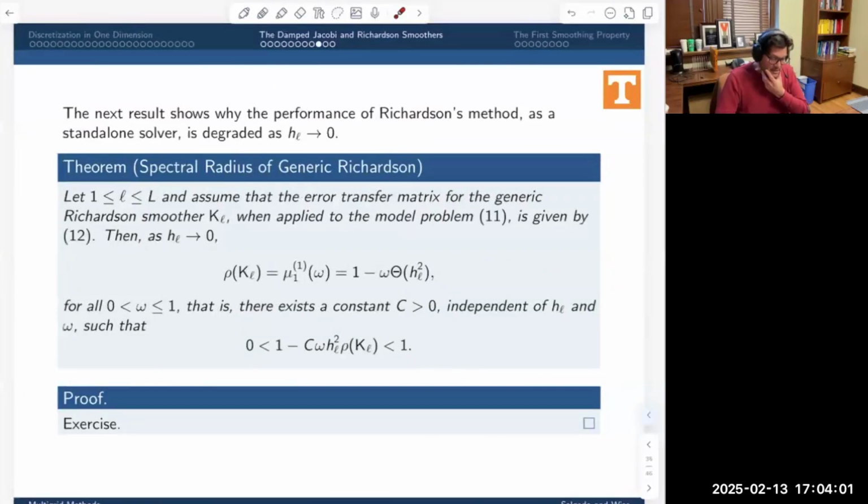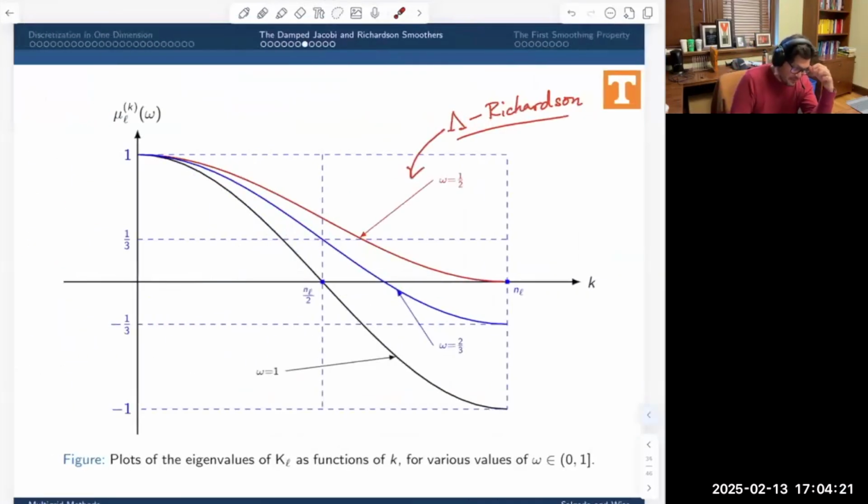Okay, so the spectral radius of the generic Richardson's method. The spectral radius of the error transfer matrix tells us how well the method converges as a standalone method, a general linear iterative smoother. Well, you can see right away that the spectral radius for the generic Richardson is going to be around 1.